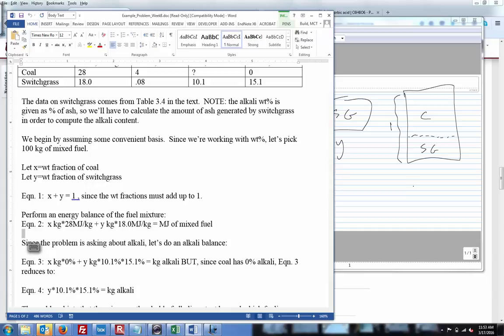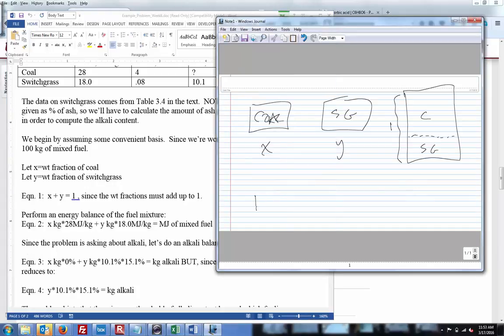Since coal is 28 and switchgrass is 18, what we're looking at is energy total equals X times 28 plus Y times 18. So X plus Y has to equal 1.